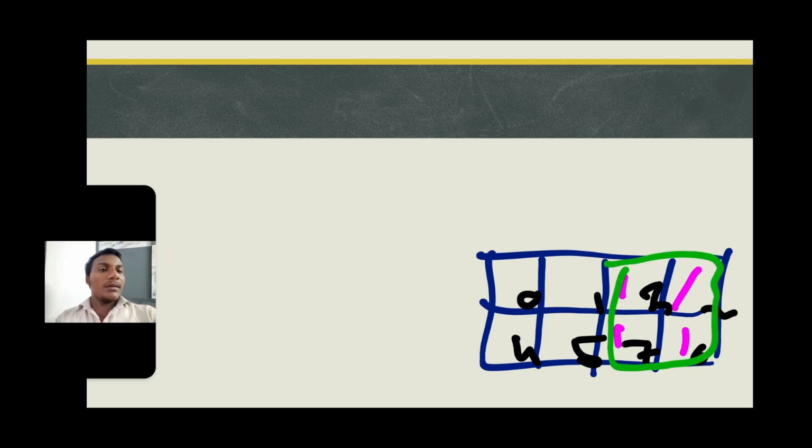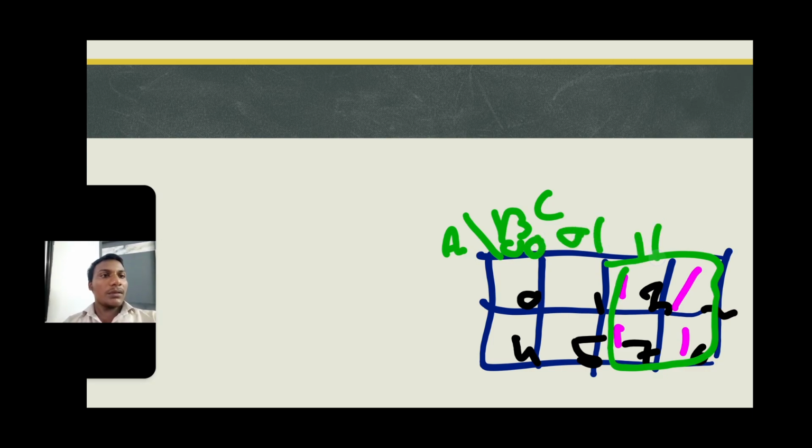Now we have 0, 0, 0, 1, 1, 1, 0. This is 0 and 1.